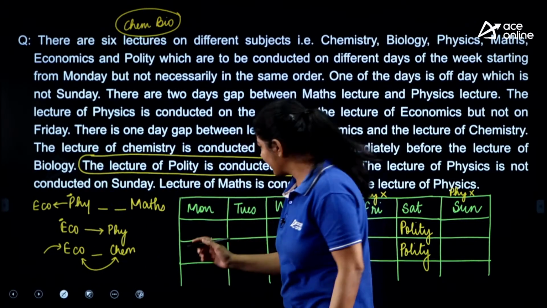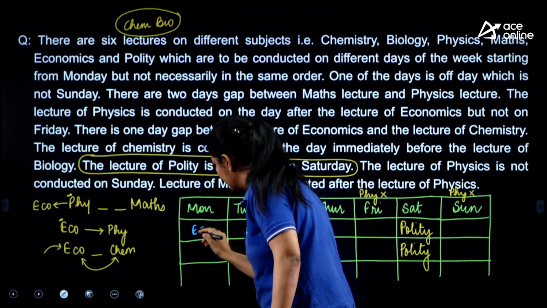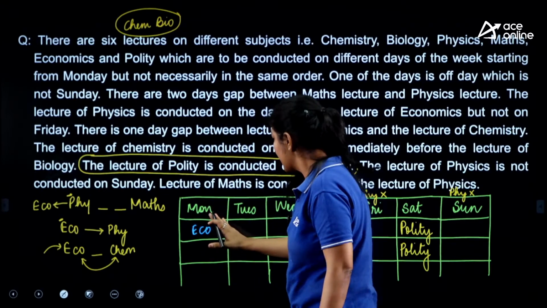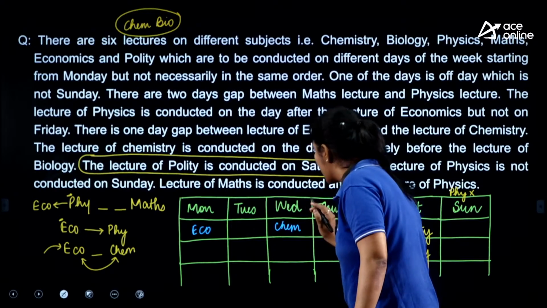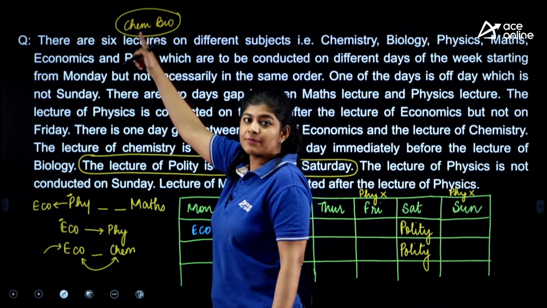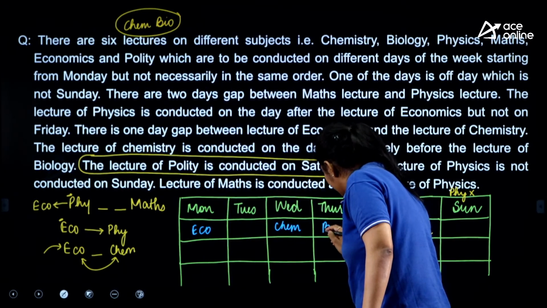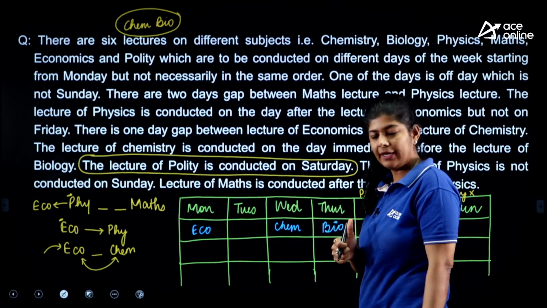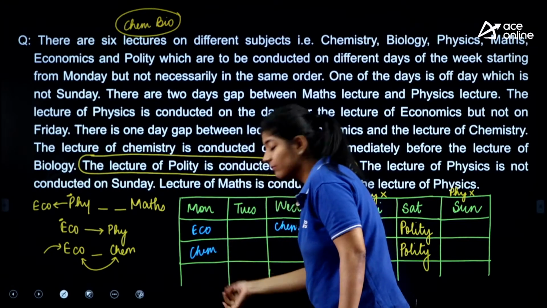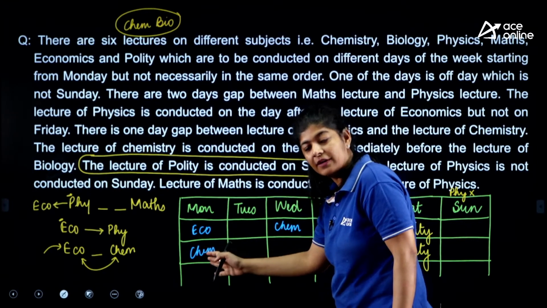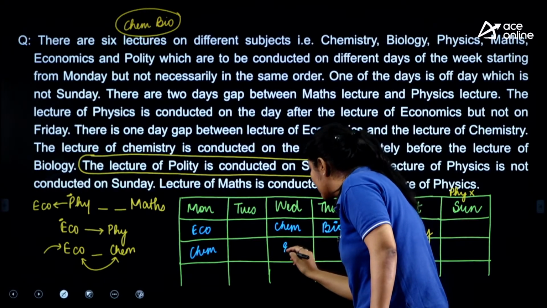We are just assuming that, let's suppose economics is on Monday. That means there is a gap of 1 and after that we are having chemistry, and chemistry is conducted just before the biology. So here we can put biology, right? Okay, but here we can have this case as well. There are chances that biology is conducted first and after that we are having economics.